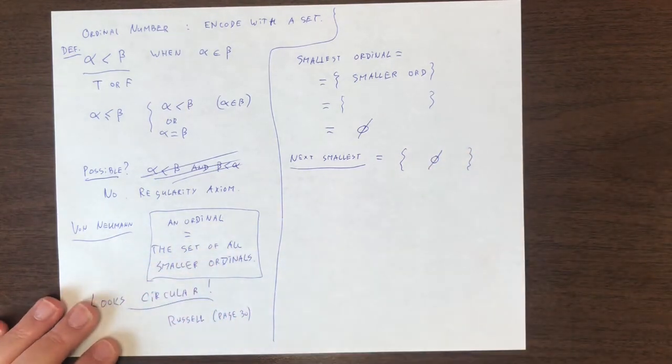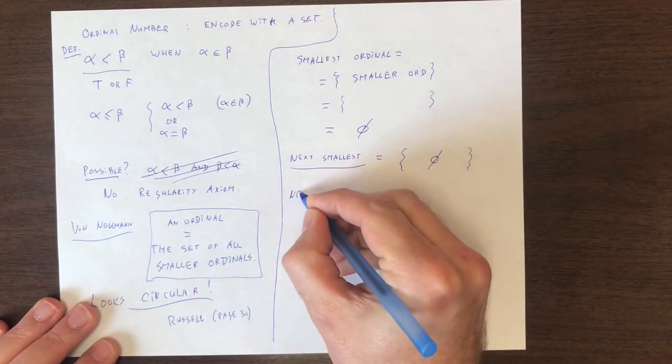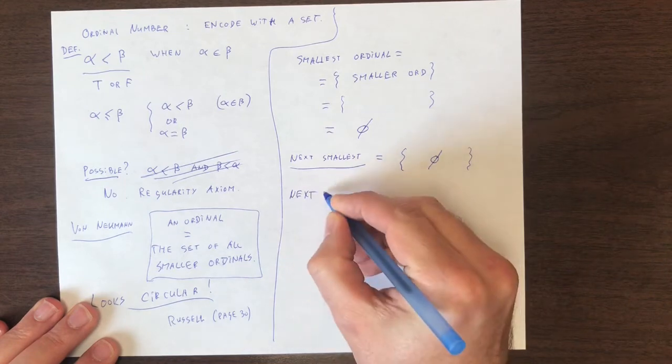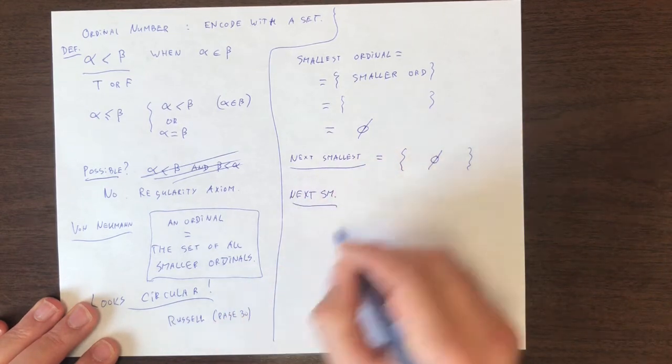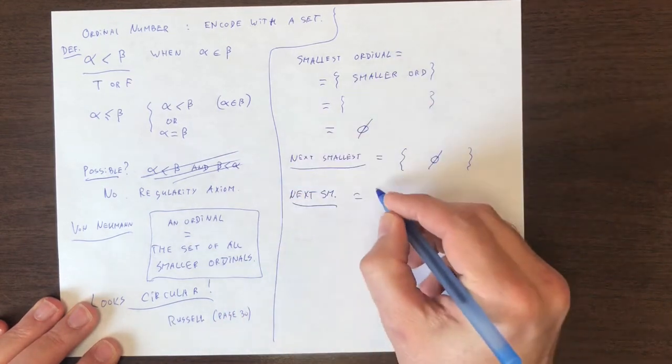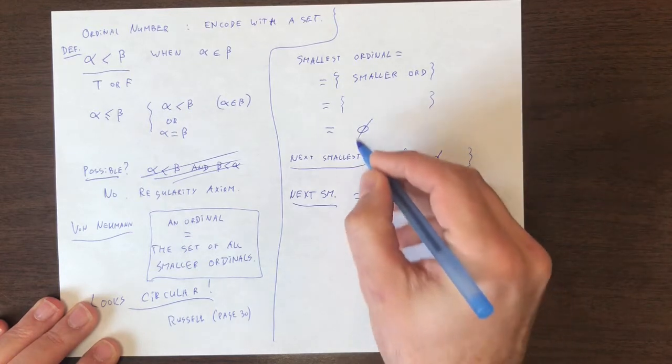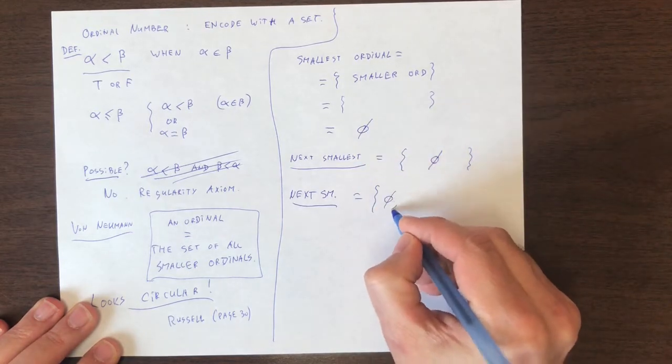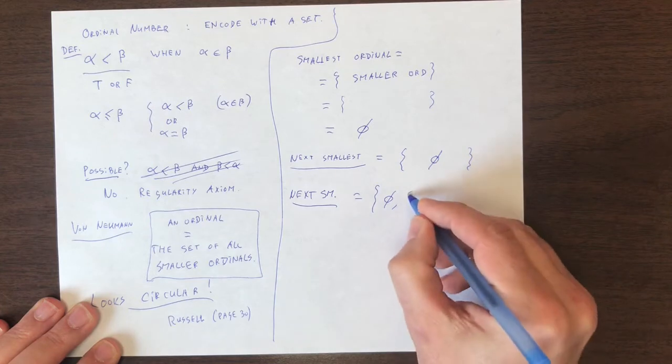Now, what's the next one after that? Well, it's a set of all smaller ones. So that includes the very smallest one, which is that one, and it includes the second smallest, which is that one.